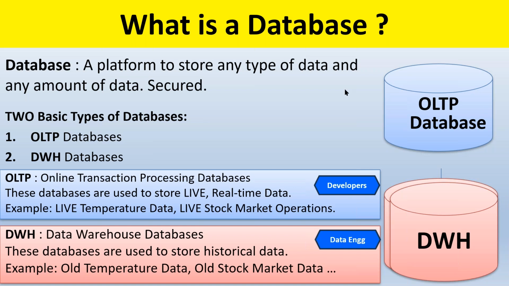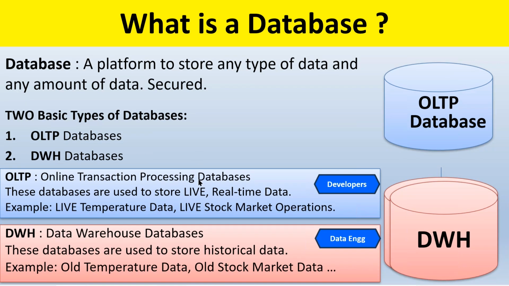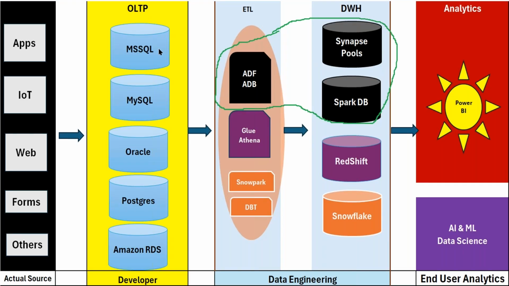There are different types of databases. These two are the basic types we have. Coming to OLTP, different companies came with different technologies, like we have Oracle, MySQL, Postgres, Amazon RDS, MS SQL, etc. That OLTP environment is mainly intended to capture live data, the birthplace of data: apps, websites, IoT, forms.